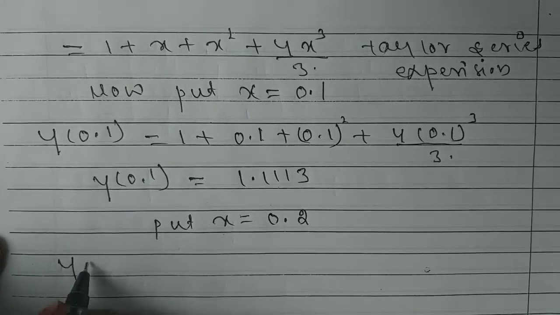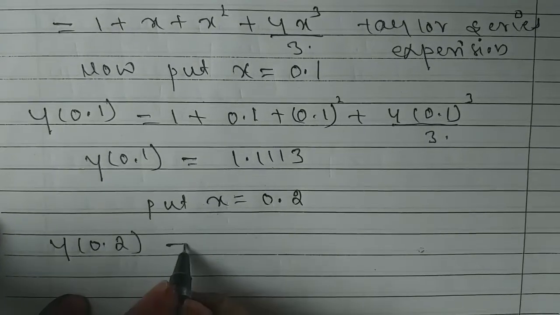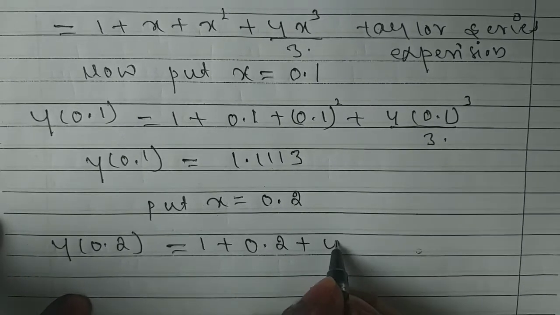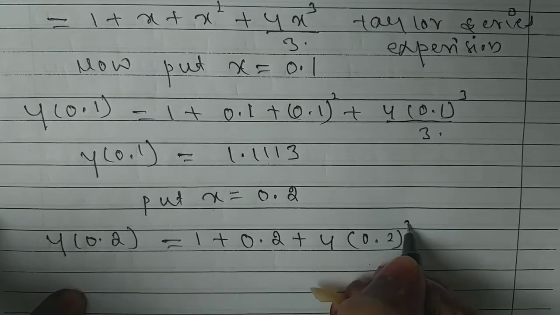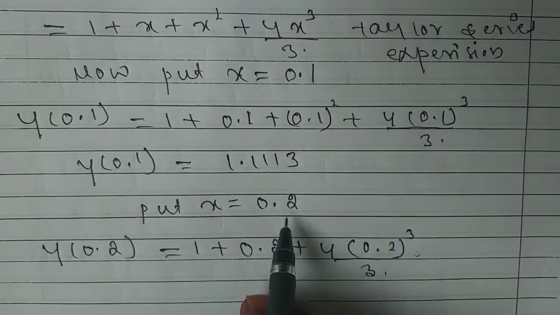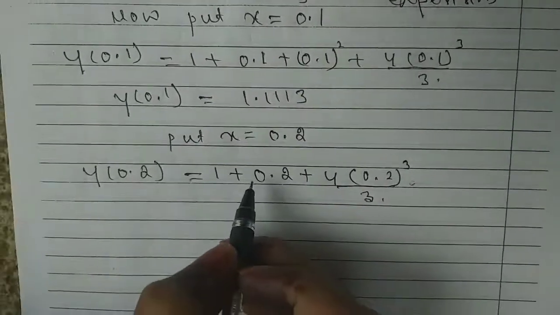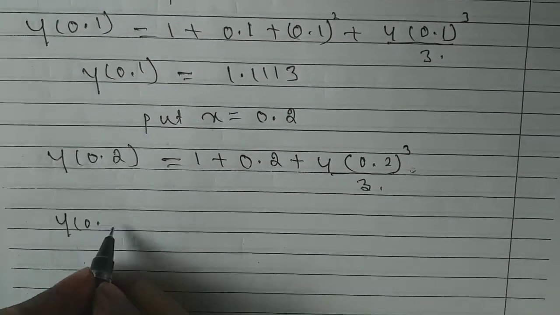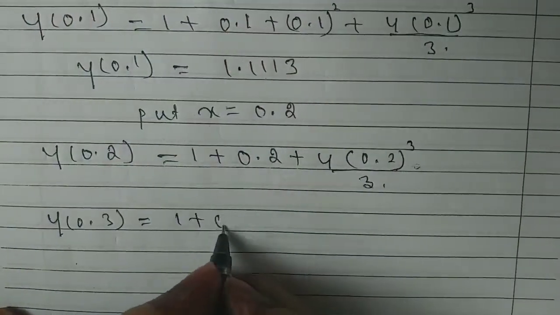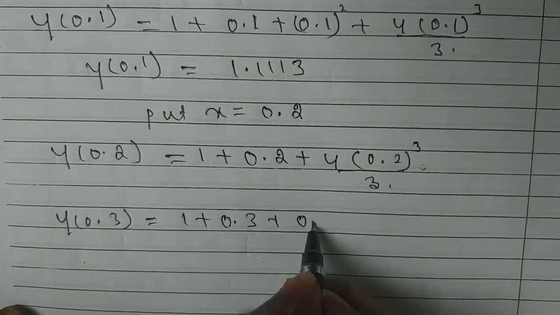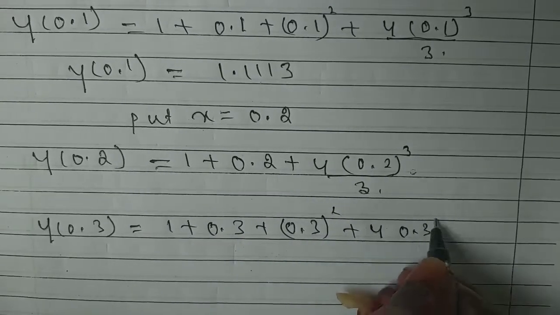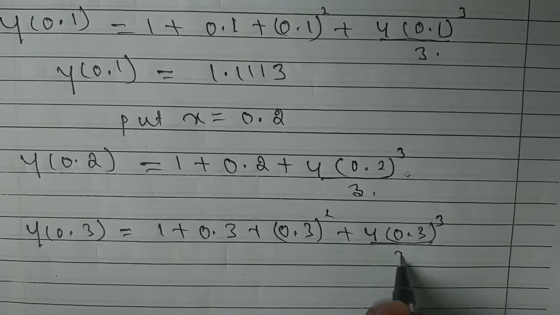Similarly, now I will put x equal to 0.2: y of 0.2 is equal to 1 plus 0.2 plus 0.2 whole square plus 4 into 0.2 whole cube by 3. Y of 0.3 is equal to 1 plus 0.3 plus 0.3 whole square plus 4 into 0.3 whole cube by 3.